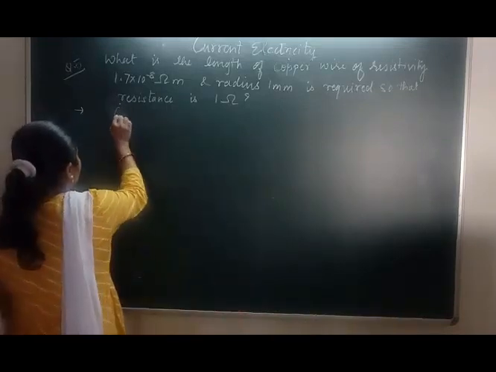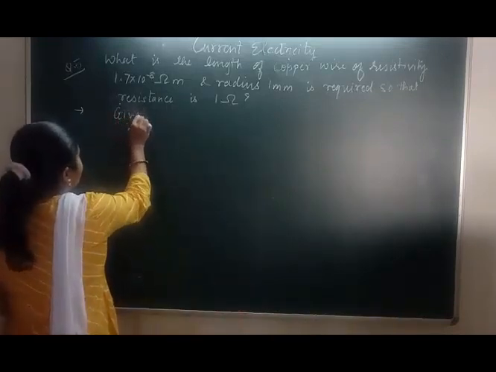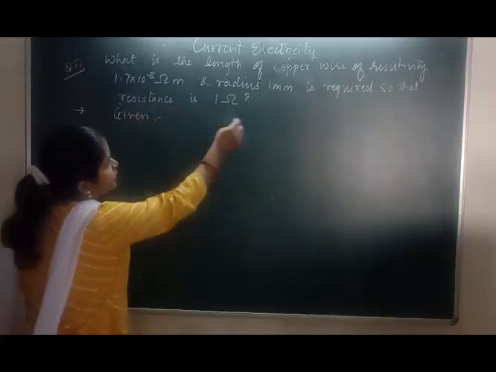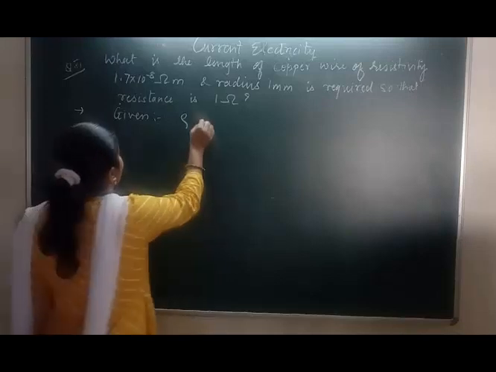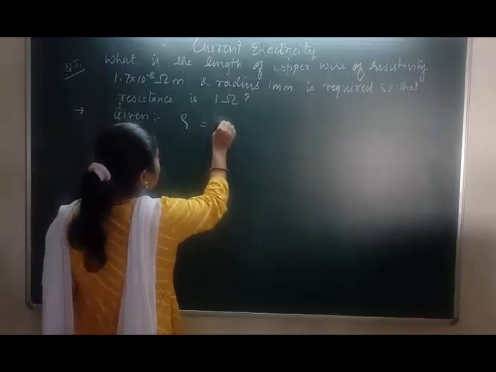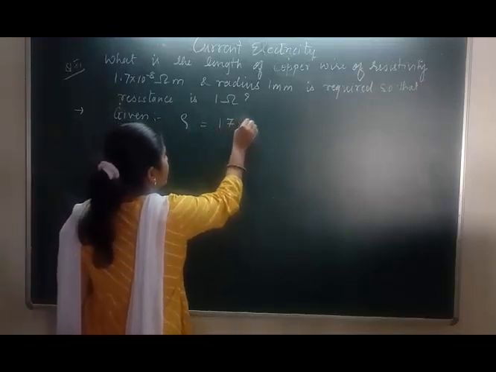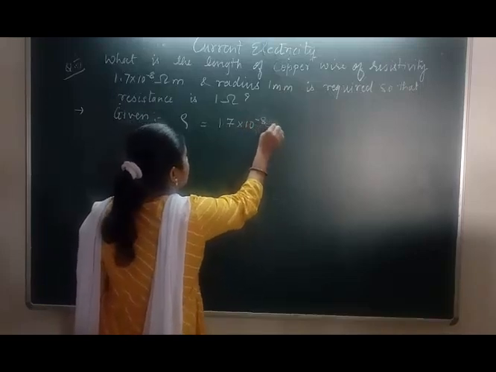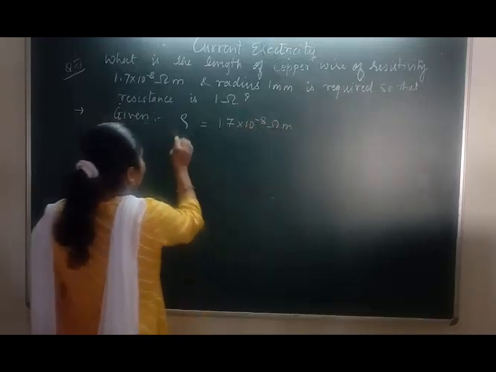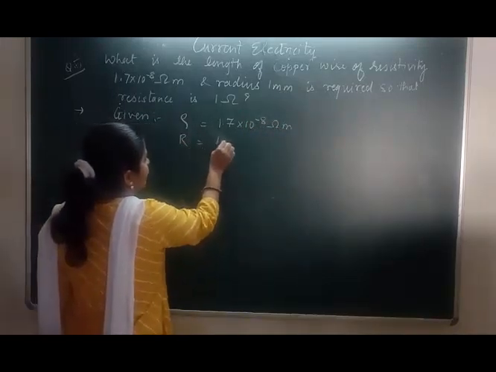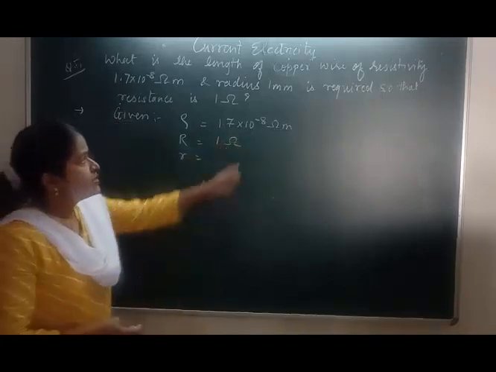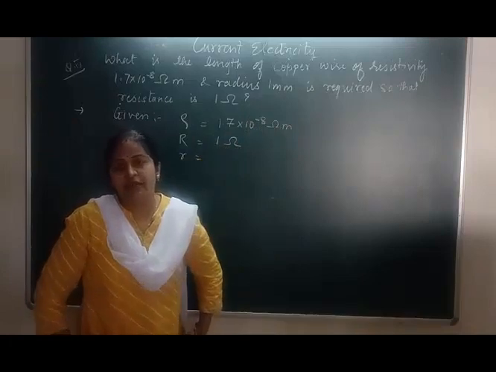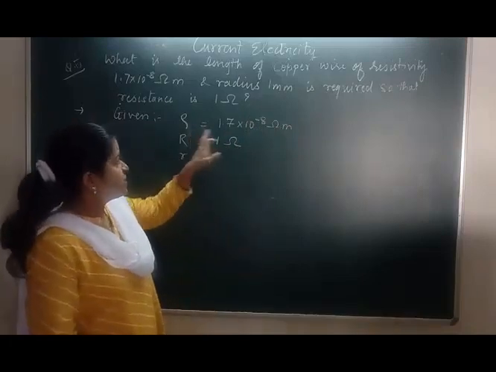Okay, you can write it in the given. Given to us is the resistivity, denoted by rho. Its value is 1.7 into 10 raised to power minus 8 ohm meter. Then resistance is given 1 ohm and radius is given 1 mm. It is given in millimeter, but the value of the resistivity is in meter.